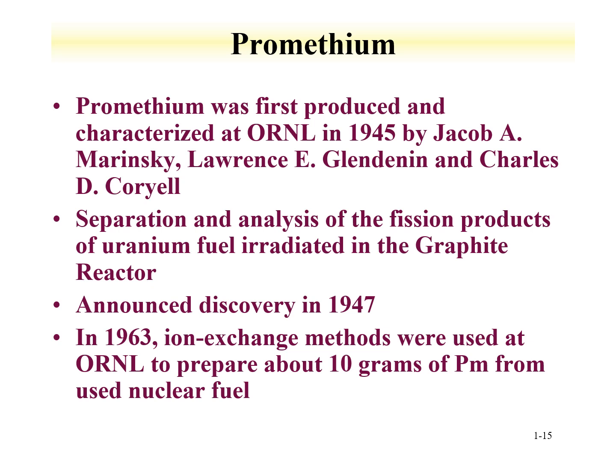It was known that there was a gap in the periodic table. From this one could understand some of the expected properties of this promethium. It was separated, and the analysis of fission products of uranium fuel irradiated in the graphite reactor at Oak Ridge showed the presence of this element.